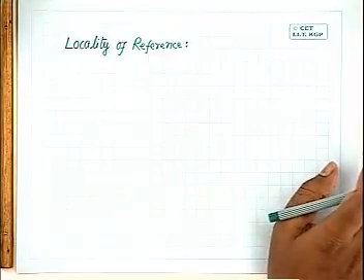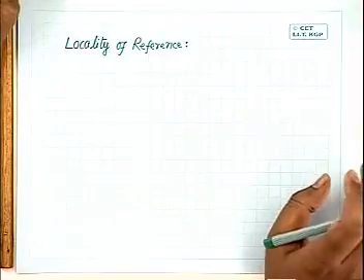The locality of reference says that once some instruction or some data is accessed, the probability that the data or instruction from the same page will be accessed is very high. Okay. So, once you access a data or an instruction from any page, the probability that the same page or data or instruction from the same page will be referred in near future is very high.